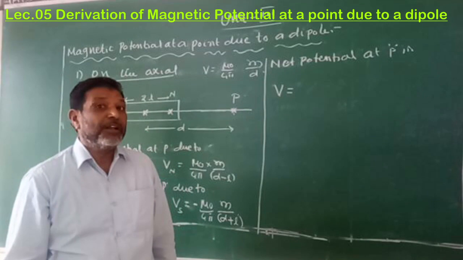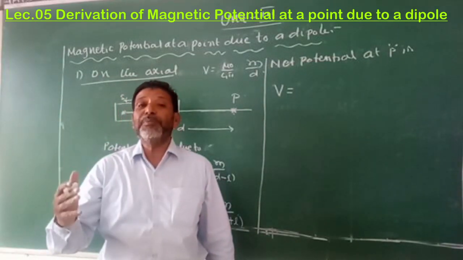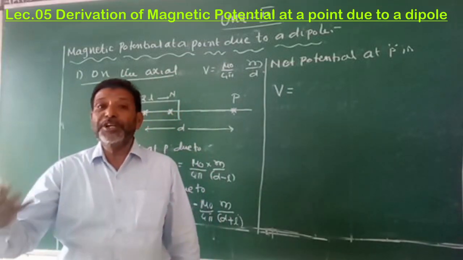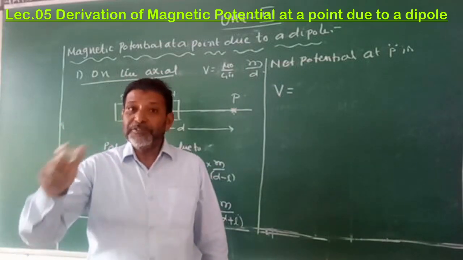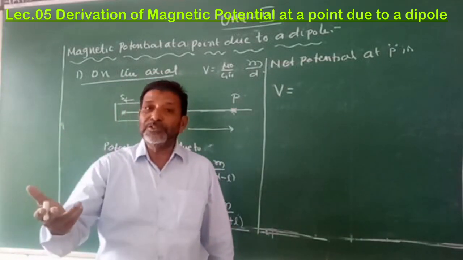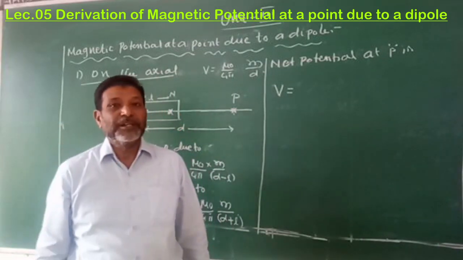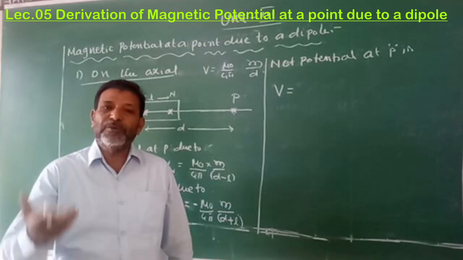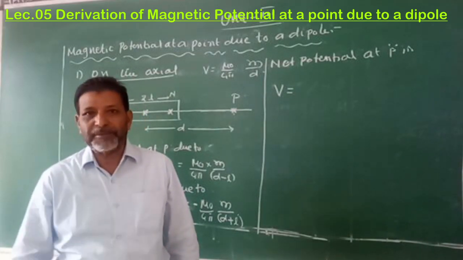Whereas intensity at any point is equal to the force acting on a unit pole at that point. Since force is a vector, field is a vector.